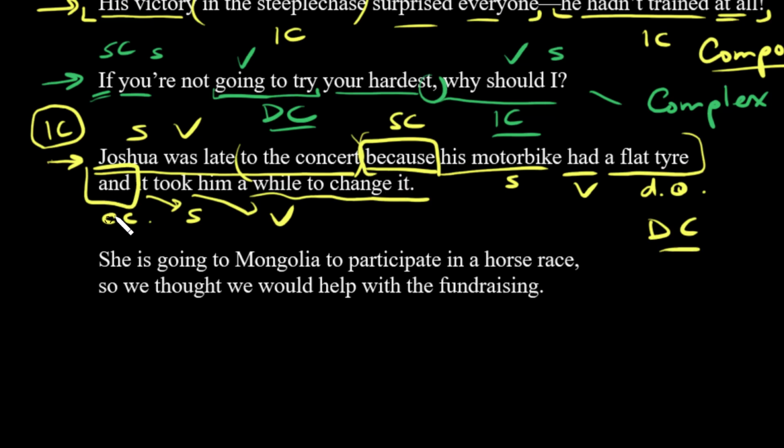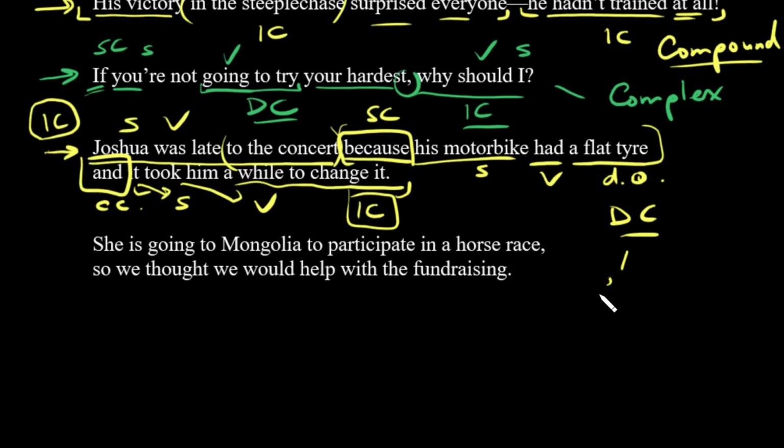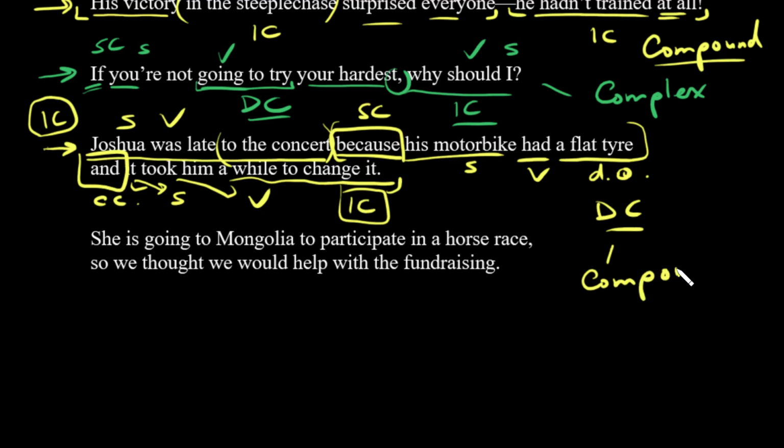And then the last little bit, we ignore the coordinating conjunction in terms of figuring out if either clause on either side is dependent or independent. And so this whole last bit is independent. It took him a while to change it. So this pattern then, two independent clauses and at least one dependent clause, we call this a compound complex sentence.